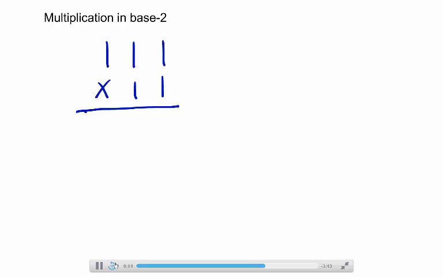So let's get started. 1 times 1 equals 1, and then 1 times 1 equals 1, 1 times 1 equals 1. Now, just like we would in ordinary multiplication, we'll start our second row from the right with a 0, and again we'll have 1 times 1, 1 times 1, and 1 times 1.